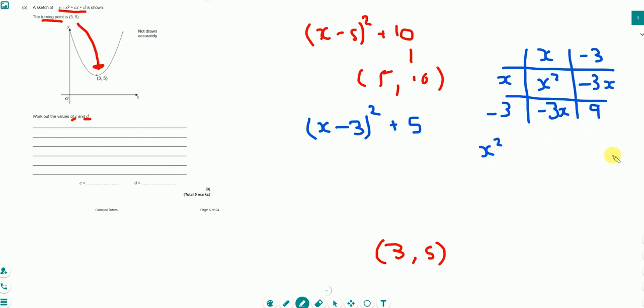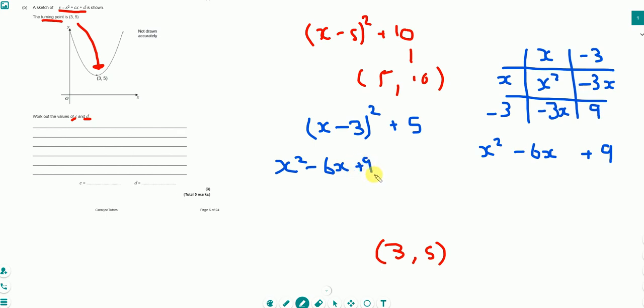The only number we've got is a positive 9. And we've got minus 3x and minus 3x, which is minus 6x. So that there is the (x minus 3) squared expanded: x squared, minus 6x, plus 9.